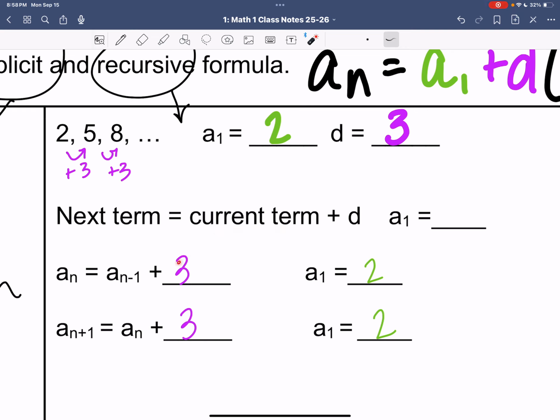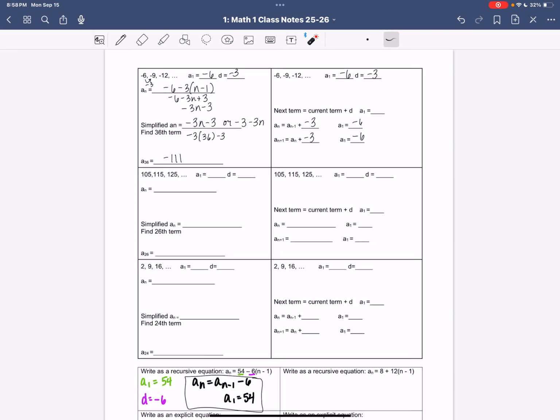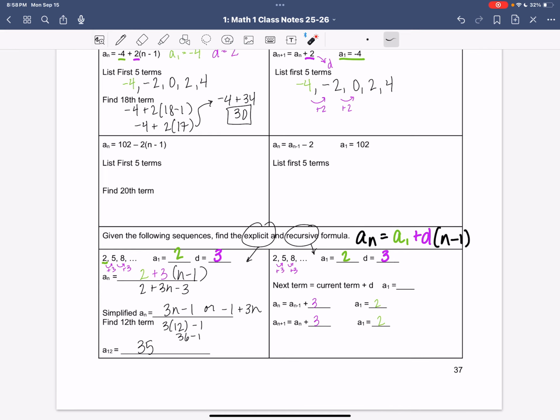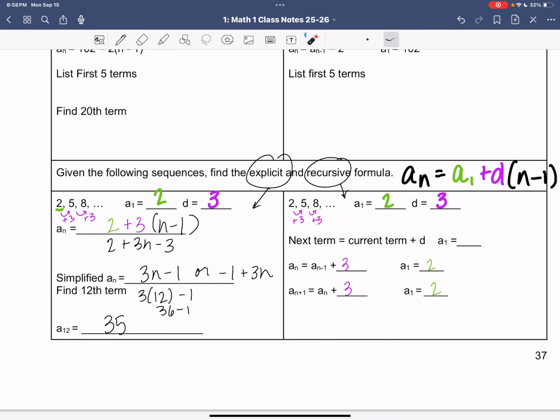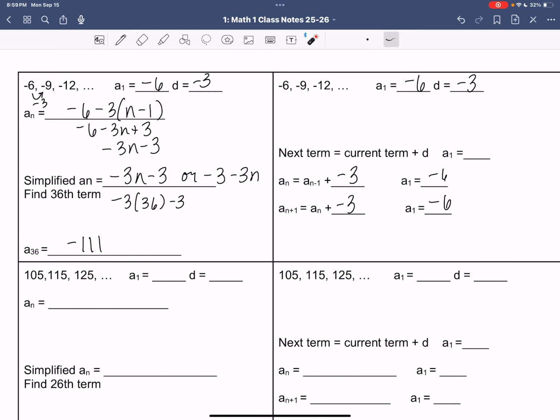So if you know your next term is your current term plus your difference. And we're starting at 2 for both times. So that's just a different way of writing the formulas. So let's go ahead, and if you notice, they're the same thing both ways, just different ways of writing it.